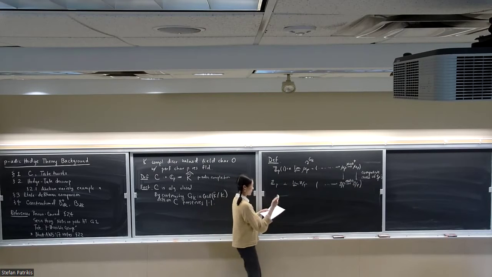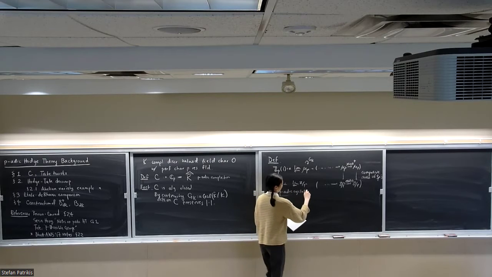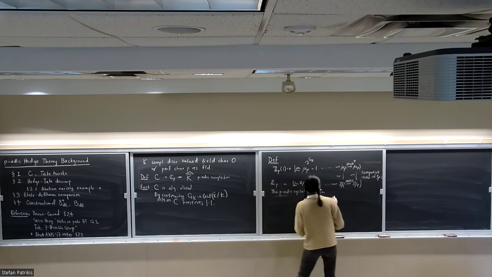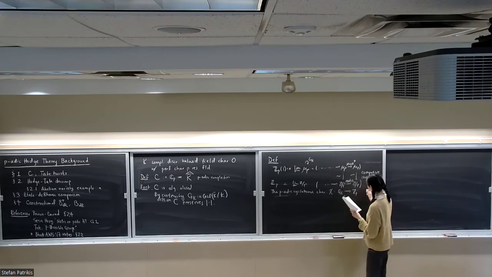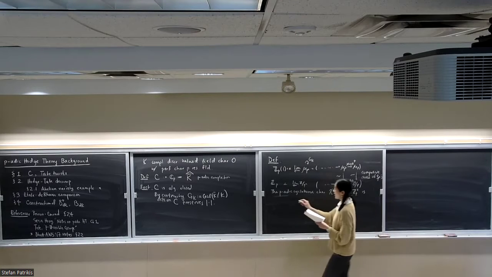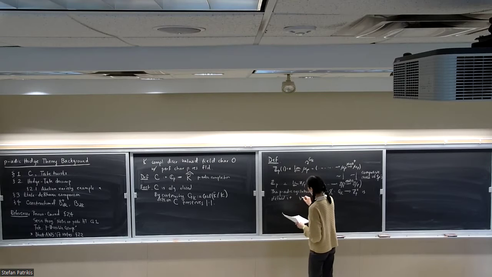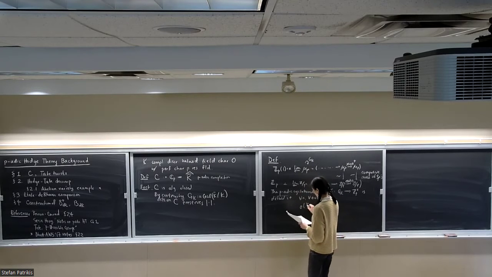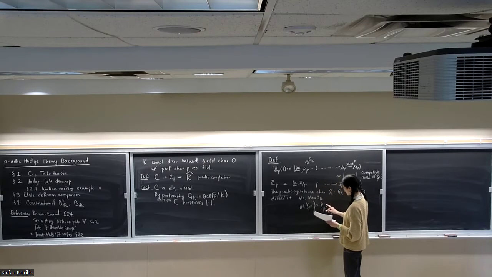Okay, so the p-adic cyclotomic character is this character chi from G_K to Z_p^×, defined so that for all n and all sigma in G_K, sigma acts on a root of unity by sending zeta_{p^n} to zeta_{p^n} to the chi of sigma.